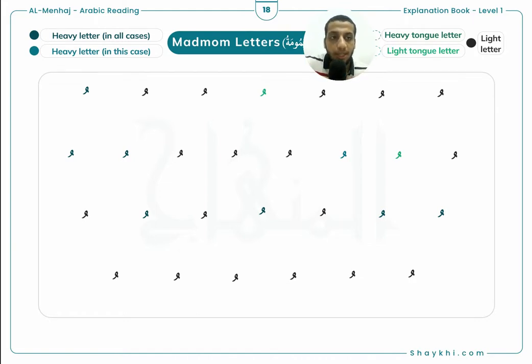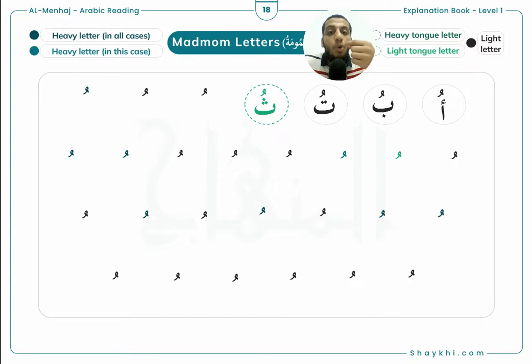So let's read these letters now. The first letter is Hamza. Oo, oo, boo, boo, tu, tu, thu, thu. Look at my rounding of my lips.